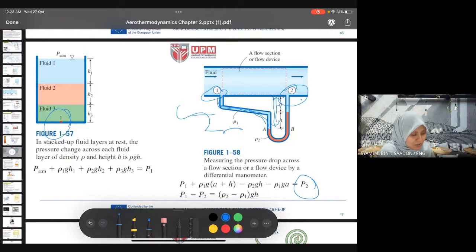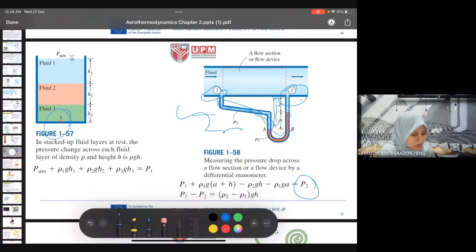And then, from 1 just now, 1 plus A plus H sin i, here. And then minus rho 2 GH. So the height here, rho 2 GH, and minus rho 1 GA.